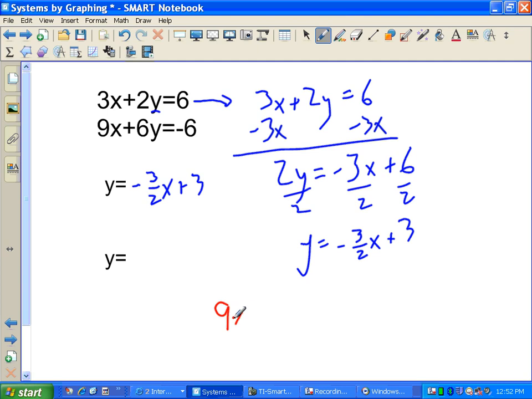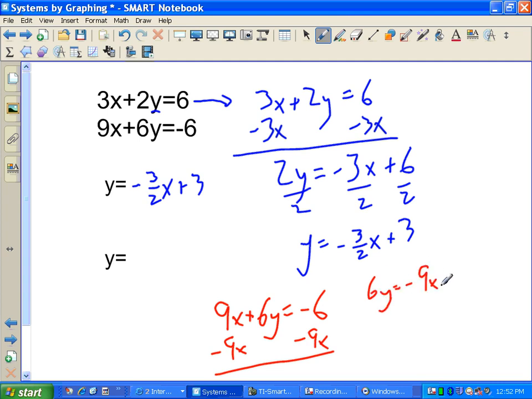The second equation we'll do in red, I don't know why, but we'll work that down here. 9x plus 6y equals -6. Same process, try to get y by itself. We'll subtract 9x from both sides, and then bring the answer up over here. It's going to leave me 6y equals -9x minus 6. Divide everything by 6.